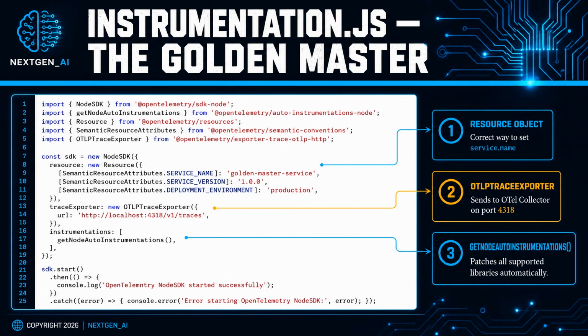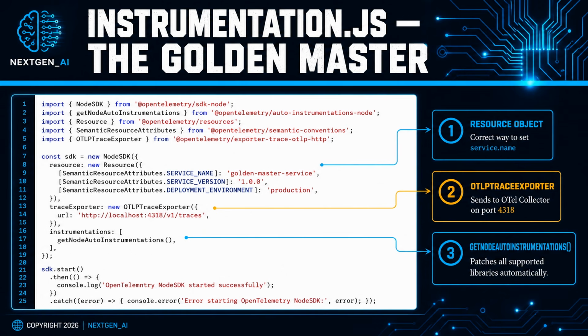It creates a child span linked to the root span and captures the exact SQL statement executed, the database name, the connection pool status, and the precise execution time of the query down to the millisecond. If the database throws an error, the span status is automatically marked as an error, and the full stack trace is attached to the span as an event.